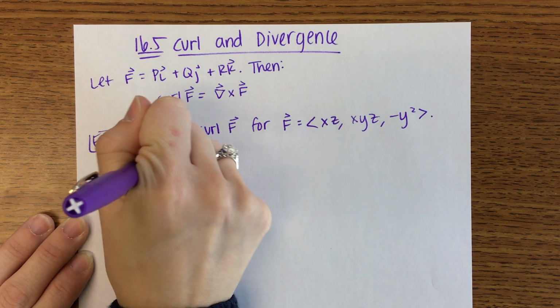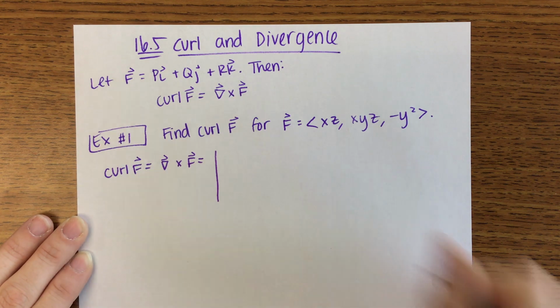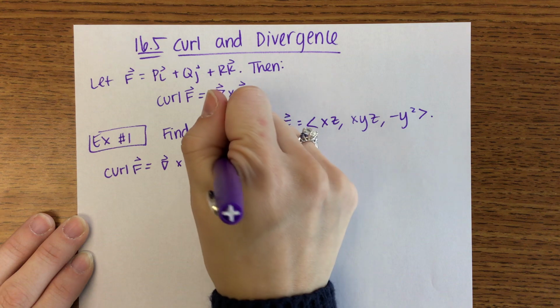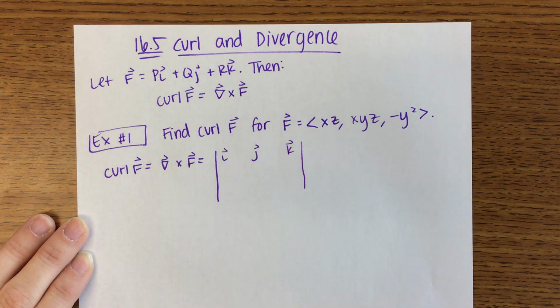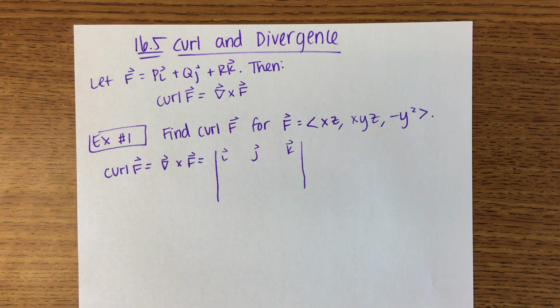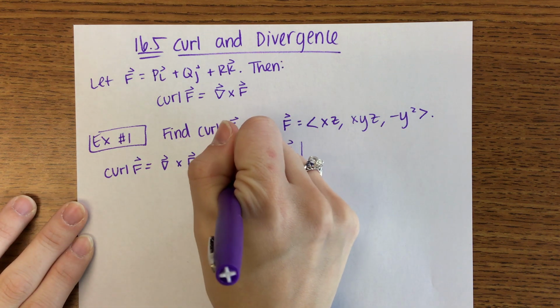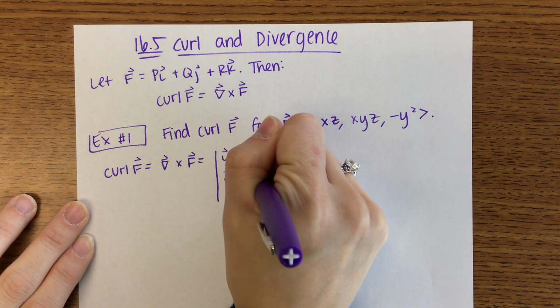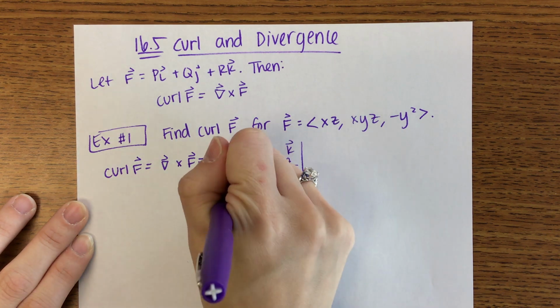So curl of F, we're going to take the gradient and cross it with F. So we'll have our i, j, k. The gradient is partial with respect to x, partial with respect to y, partial with respect to z. And then our three functions.